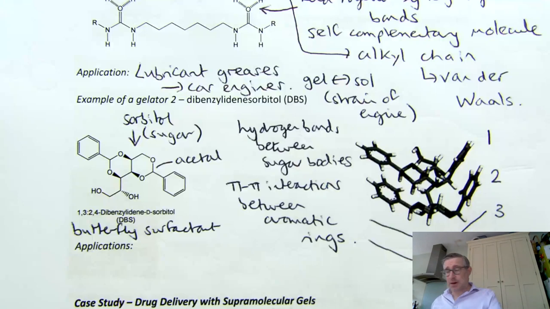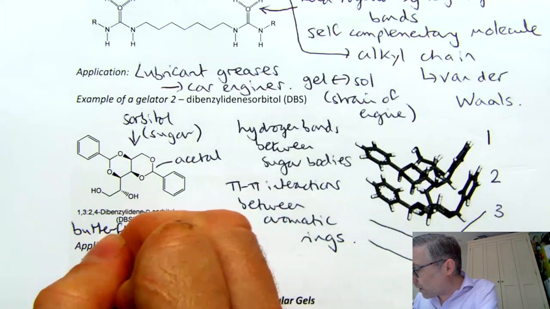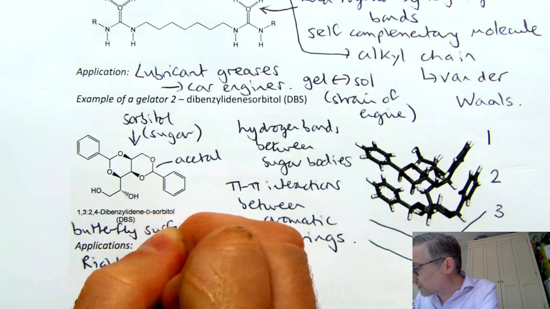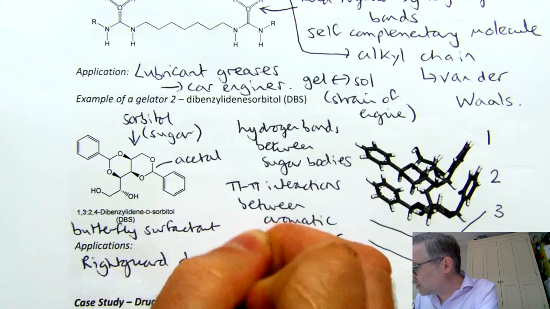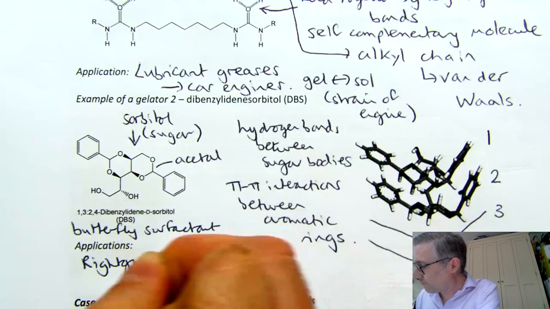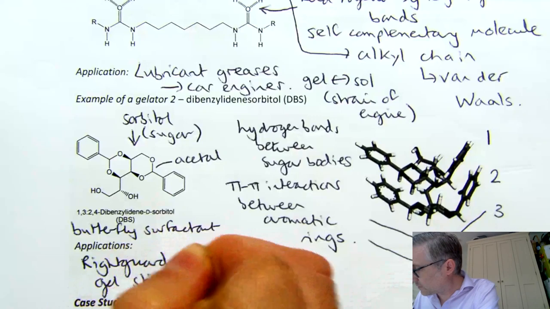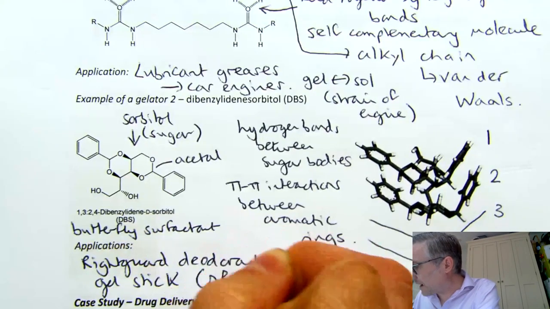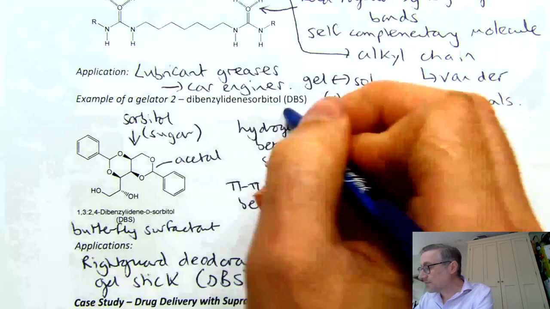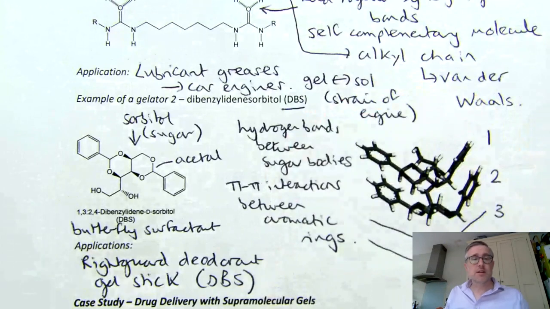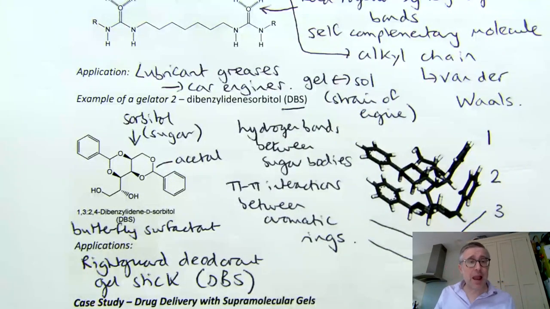Perhaps one of the big applications is if you buy a Right Guard deodorant gel stick. That is made of this DBS. And it's not really playing a very active role there, it's simply a gel.